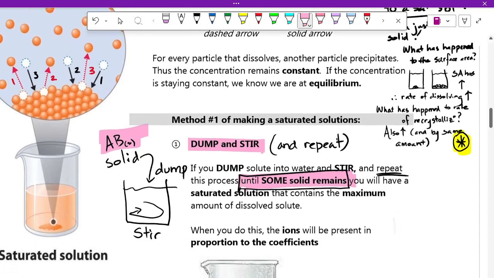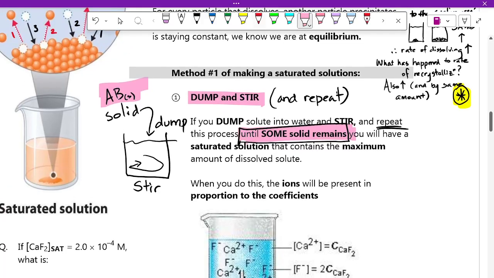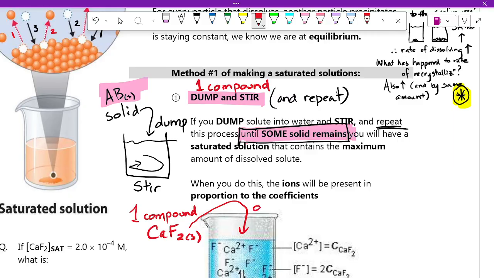So in dump and stir, you will have one compound. For example, our one compound in this case is CaF2. So we would take some CaF2 solid, we would dump it and stir.